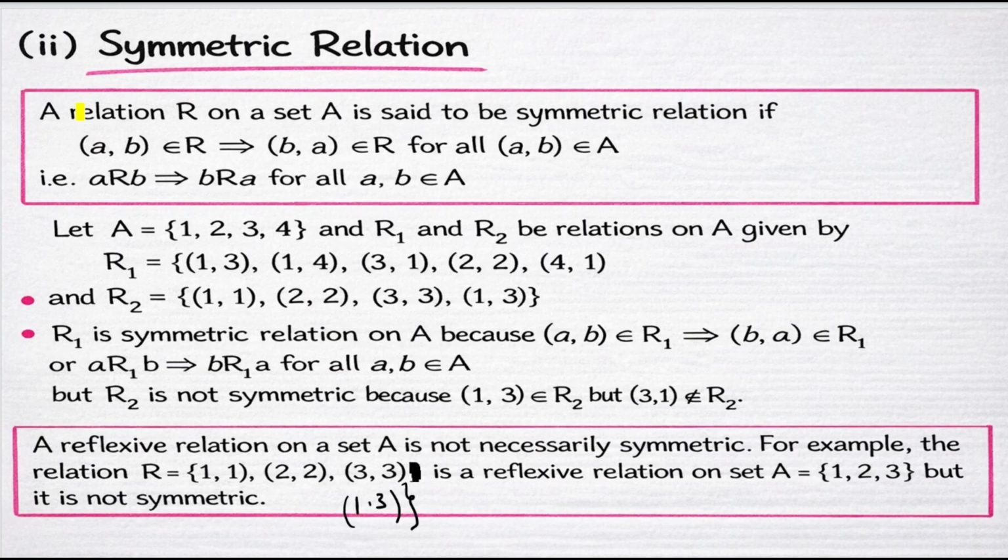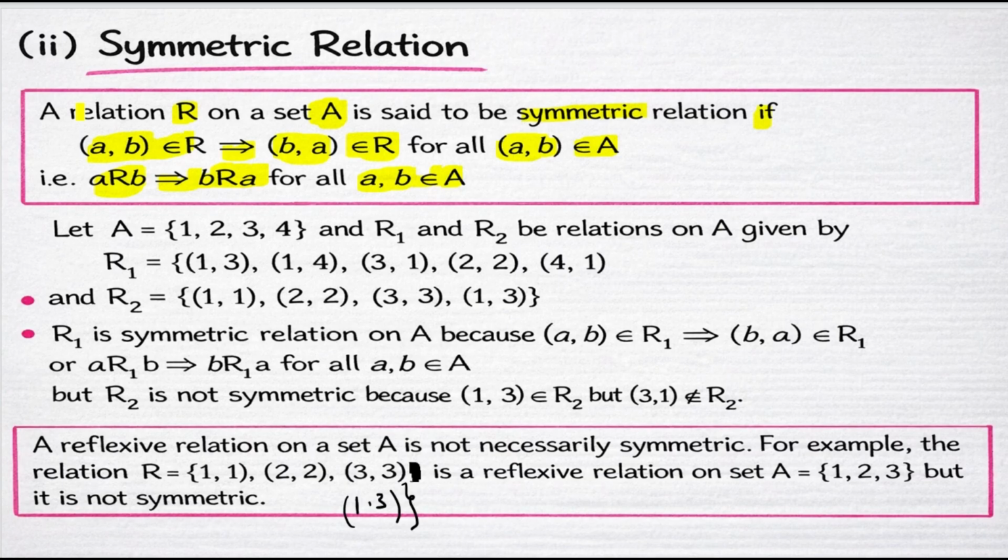A relation R on a set A is said to be symmetric if the ordered pair (a, b) belongs to R implies (b, a) also belongs to R. It should be satisfied for all elements a, b in the set A. That is, if a is related to b, it implies b is also related to a for all a, b belonging to set A. Then only this relation is said to be symmetric.